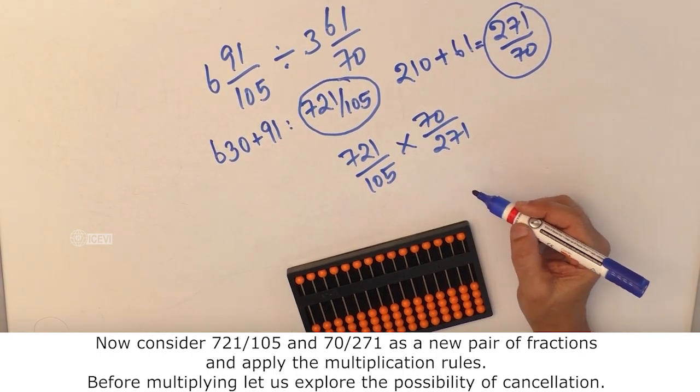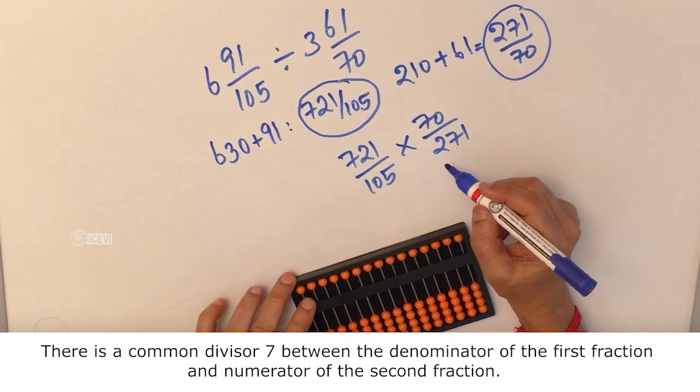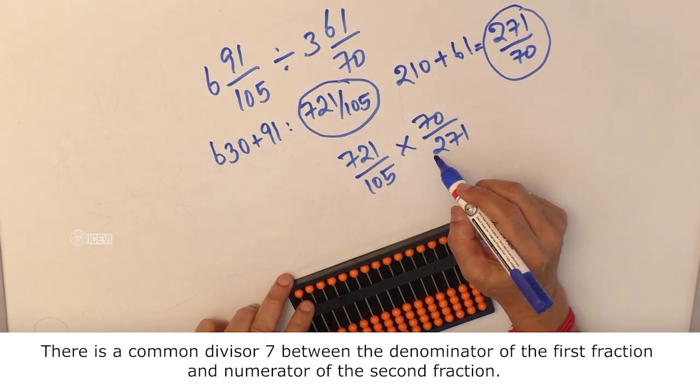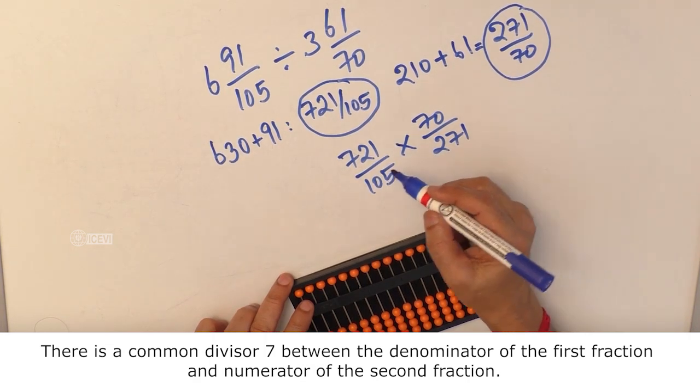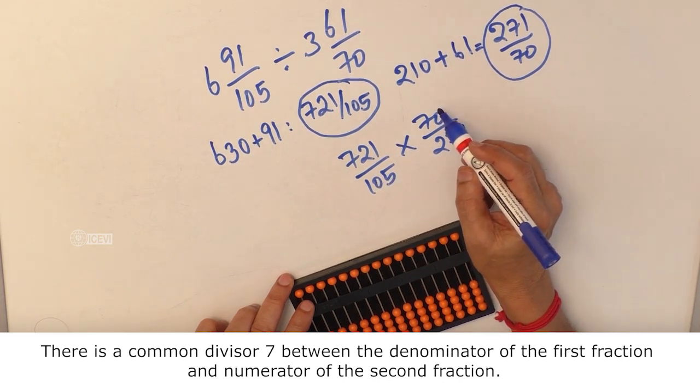Before multiplying, let us explore the possibility of cancellation. There is a common divisor 7 between the denominator of the first fraction and the numerator of the second fraction.